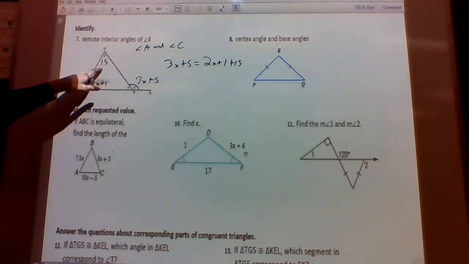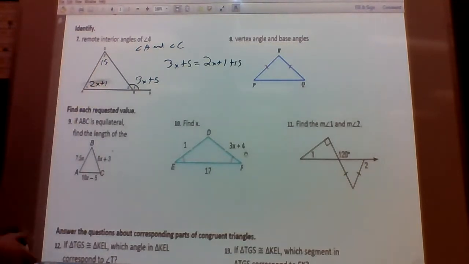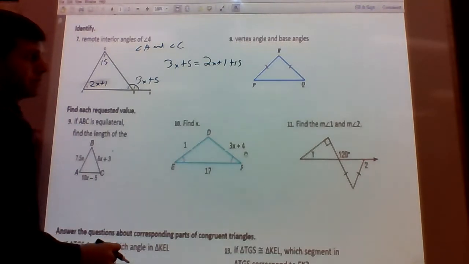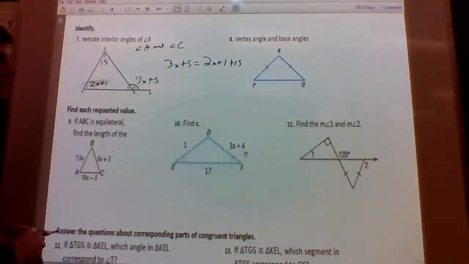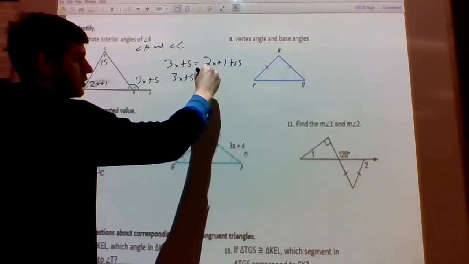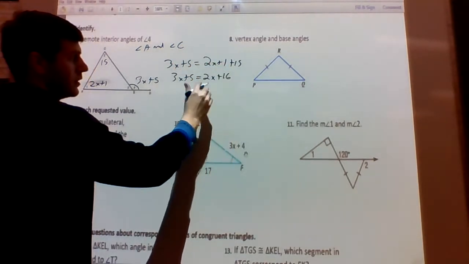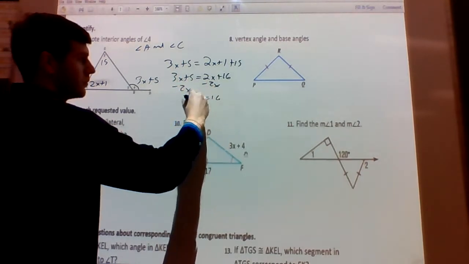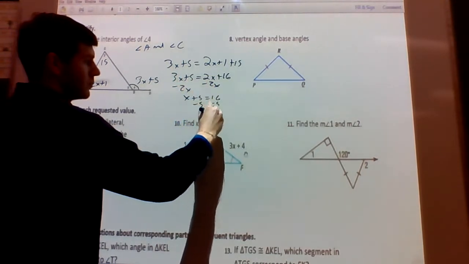So 2x plus 1 plus 15, right? Then you would solve for x. We can do it, I guess. 3x plus 5 equals 2x plus 16, minus 2x. x plus 5 equals 16, minus 5. x is going to be 11.